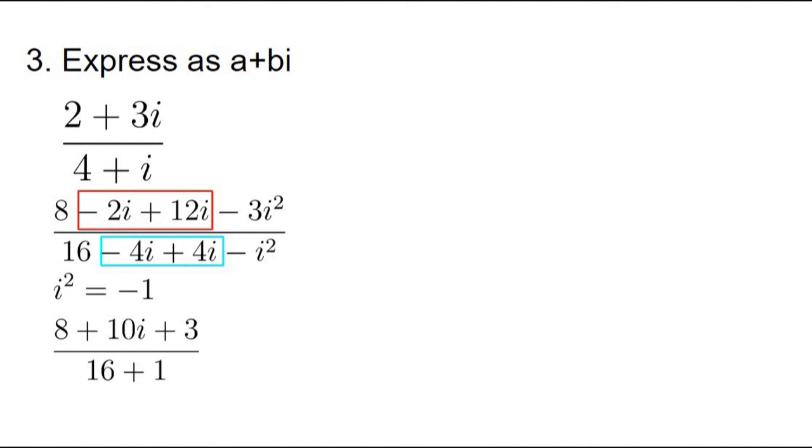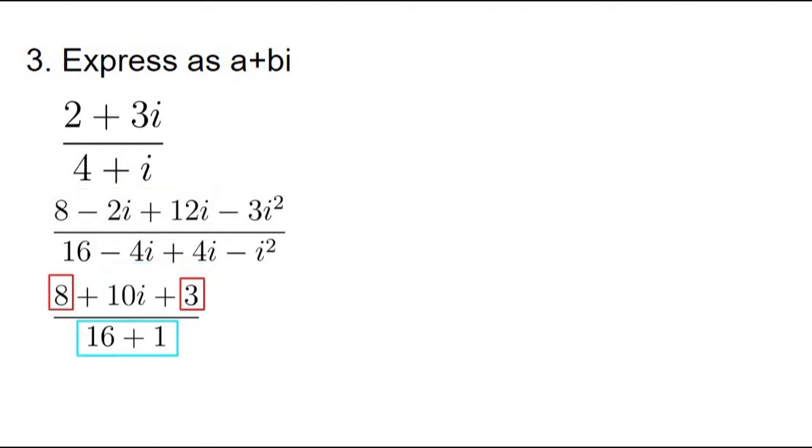So, one more round of combining like terms and simplifying this expression, we should get 8 plus 3 and 16 plus 1. Adding 8 plus 3, we get 11. So on top, we have 11 + 10i, and in the bottom, we have 17, 16 plus 1.